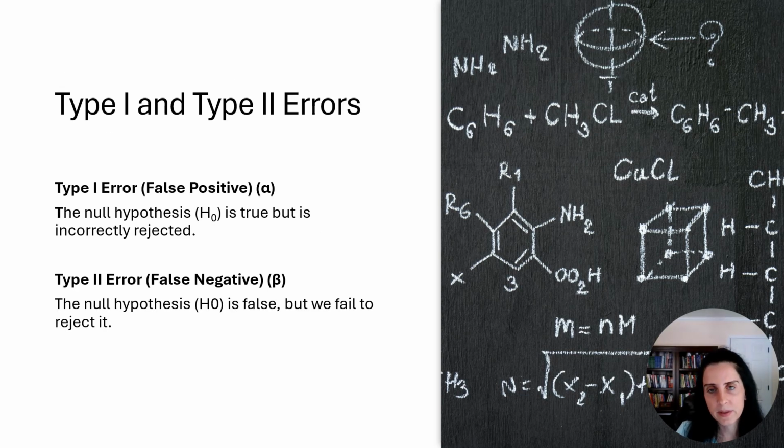In hypothesis testing, type 1 and type 2 errors are two potential mistakes that can occur when making decisions about the validity of the hypothesis based on sample data. A type 1 error can occur when the null hypothesis is in fact true, but we incorrectly reject it.